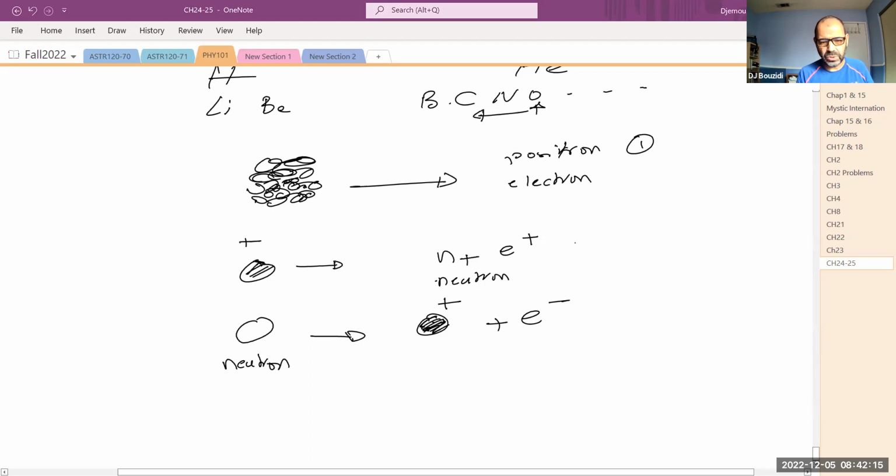There are actually some other things also going on in here. So there is an antineutrino and a neutrino. So this accounts for other properties that we're not going to be mentioning here.